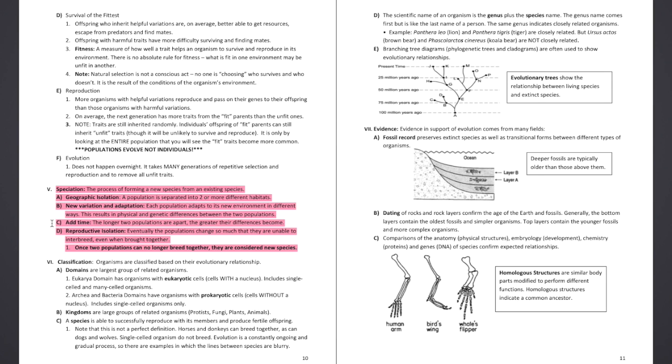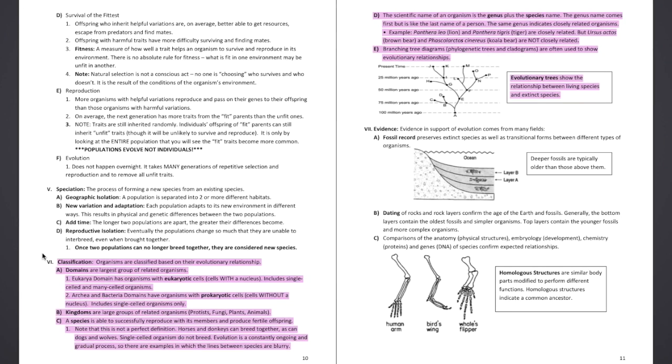C. Add time. The longer two populations are apart, the greater their differences become. D. Reproductive isolation. Eventually, the populations change so much that they are unable to interbreed, even when brought together. 1. Once two populations can no longer breed together, they are considered new species.